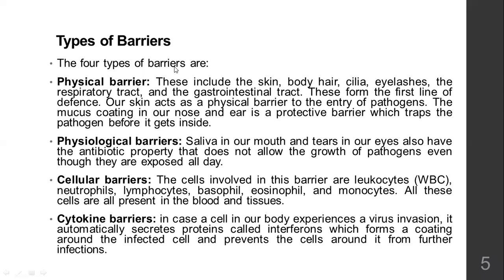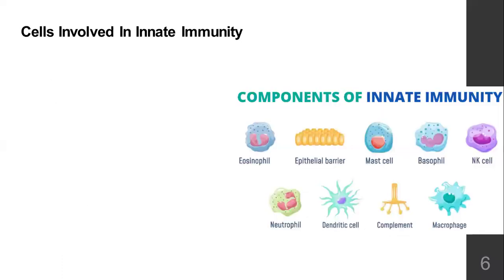So just the one infected cell will be coated by interferons so that the virus will not get out of the cell to harm other new cells. So that was about different types of barriers. You are born with this, so it's a part of your innate immunity.